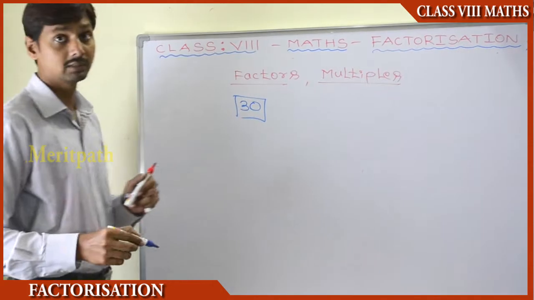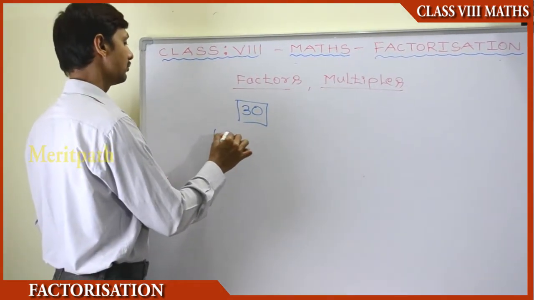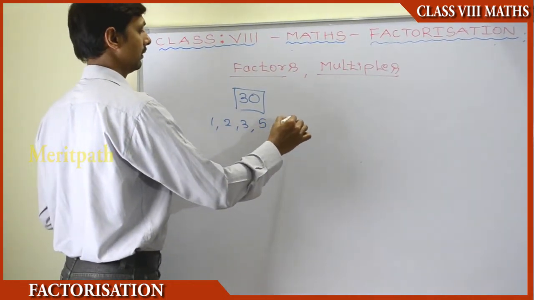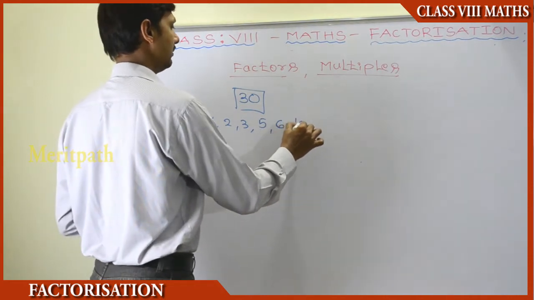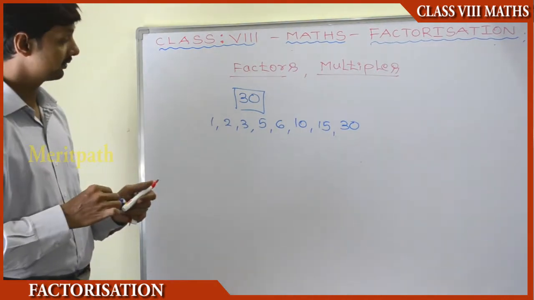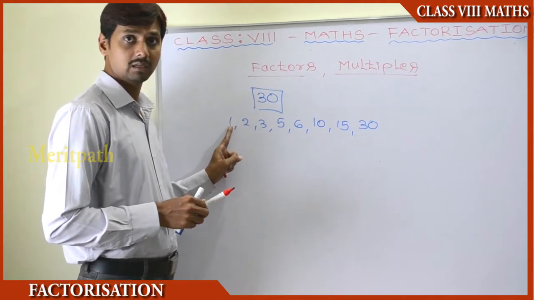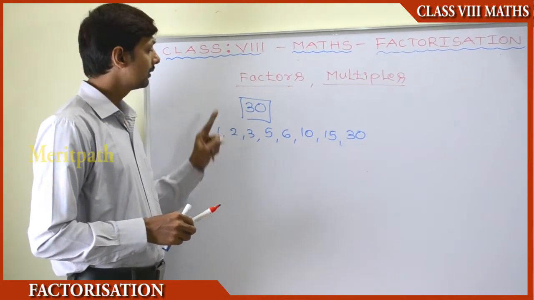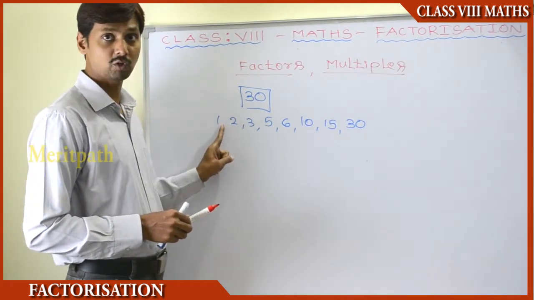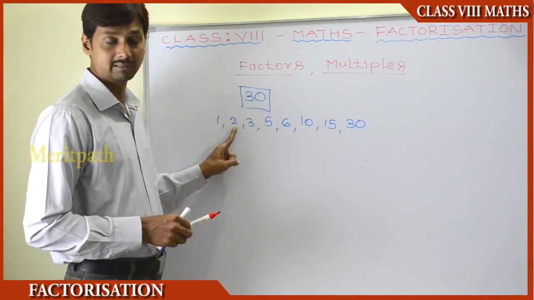So the factors of 30 are 1, 2, 3, 5, 6, thereafter 10, 15, and 30, because a factor is nothing but a number by which the number we have taken is divisible. So 30 by 1 is possible, it's completely divisible, and 30 divided by 2 is completely divisible.